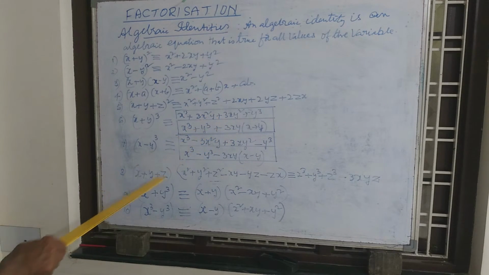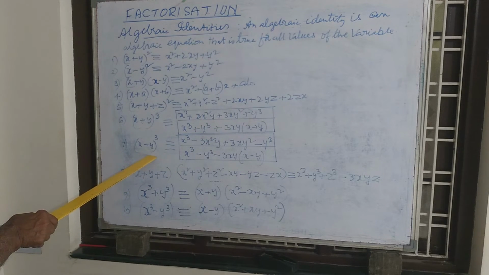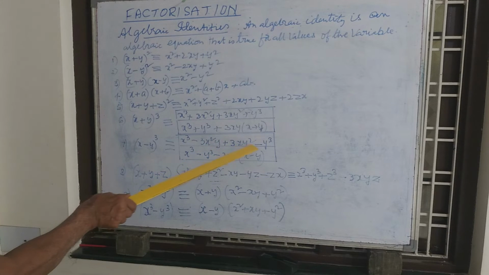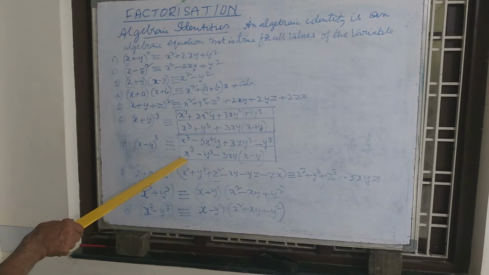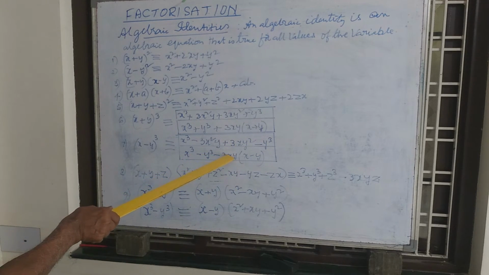So both are correct. Here also x minus y whole cube is identically equal to x cube minus 3x square y plus 3xy square minus y cube, or x cube minus y cube minus 3xy into x minus y.